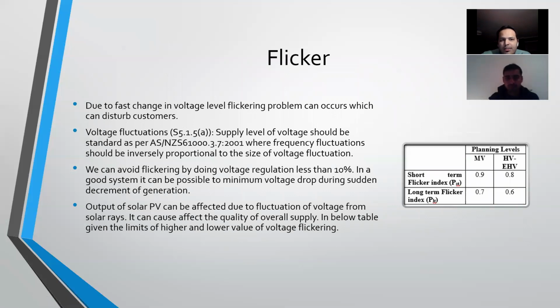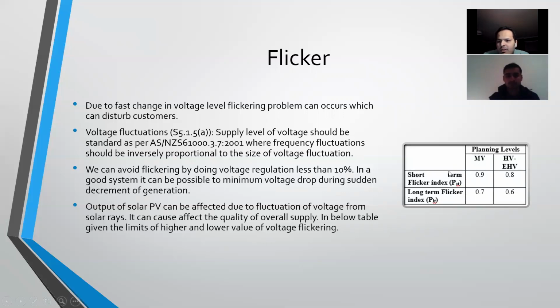Flicker. Due to fast changes in the voltage level, a problem occurs which can disturb the customer. Flicker is generally a fluctuation in the supply voltage, when sometimes there is unregulated voltage within the grid, so it can generate flicker.